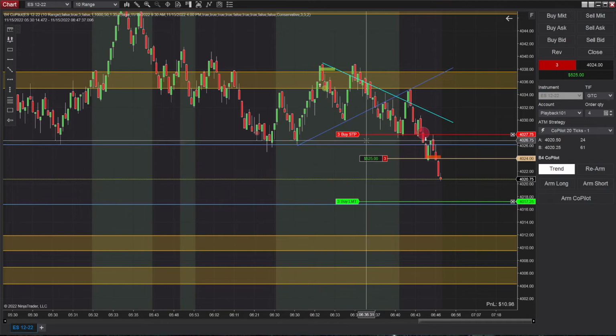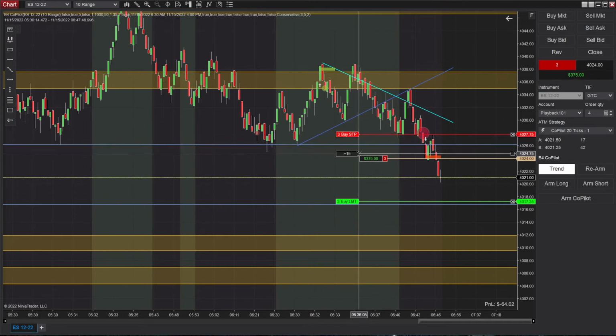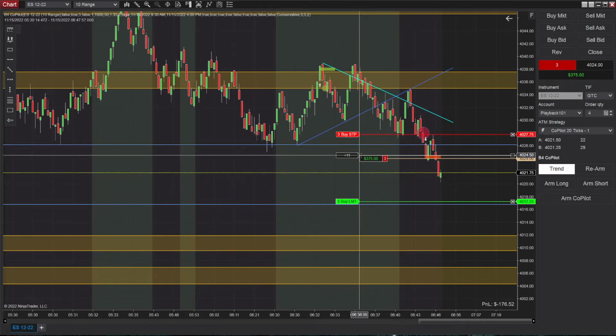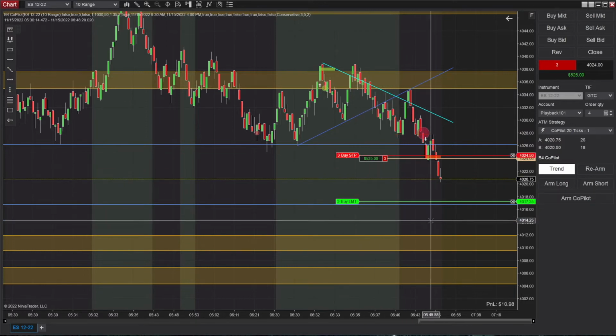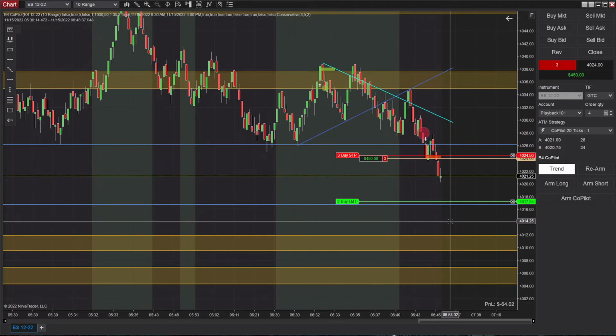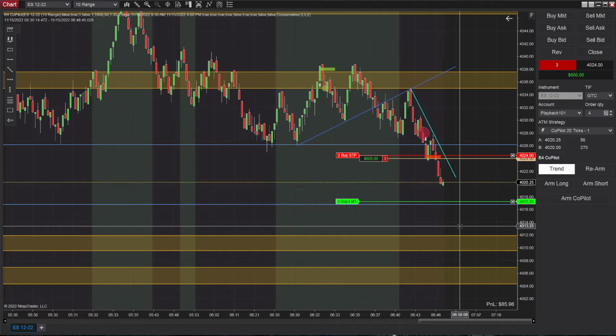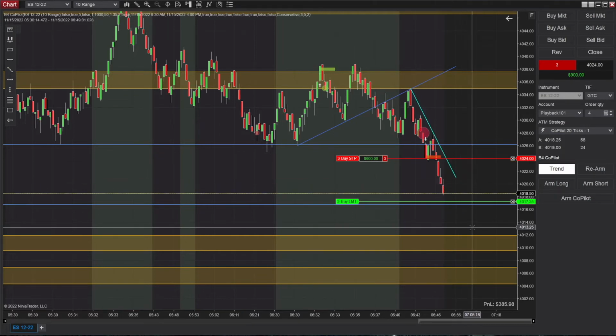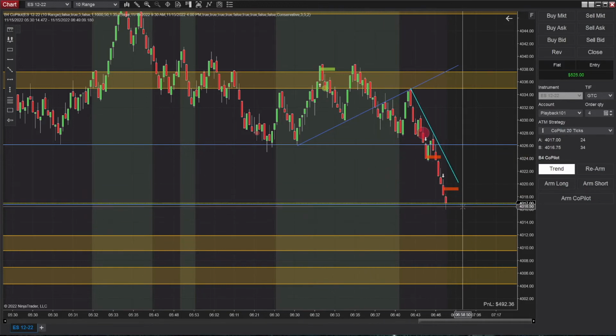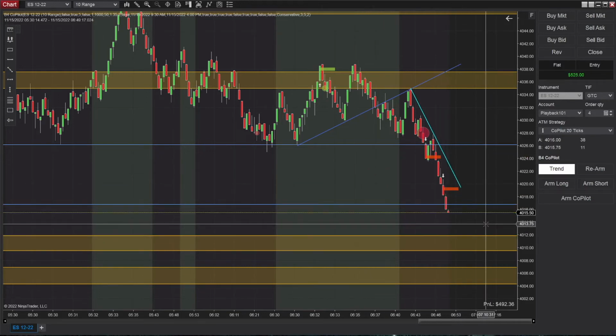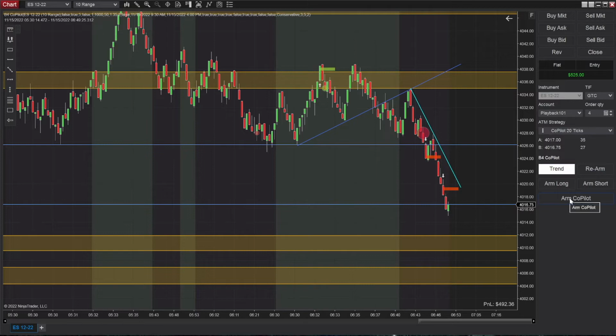First target taken out. Trend line giving us confidence in that trade. Boom, took out our second target. Very good. We're at $492.36.